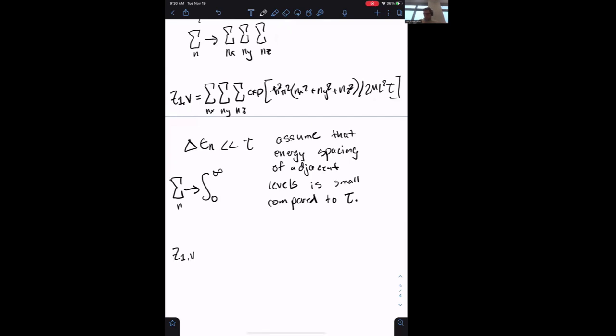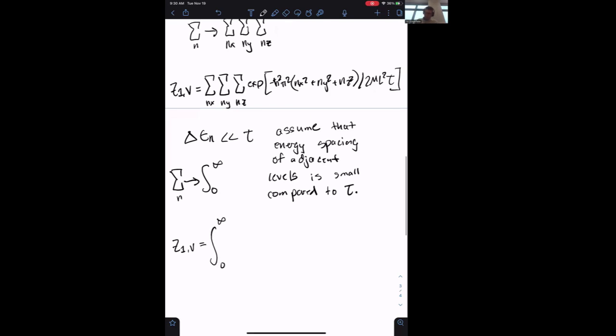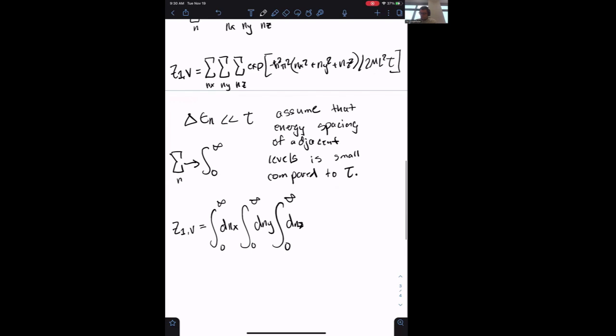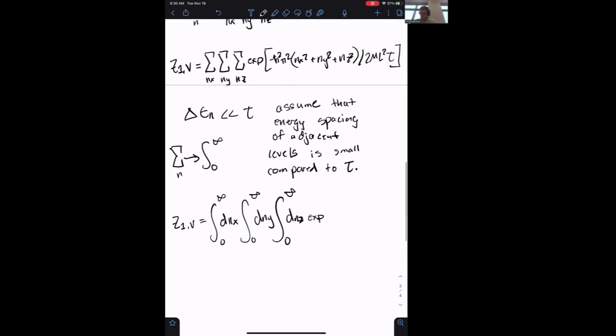Z1 volume is equal to the integral from 0 to infinity dnx, dny, dnz. And then we still have this exponential factor here.